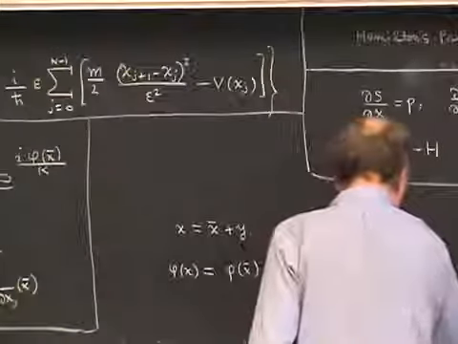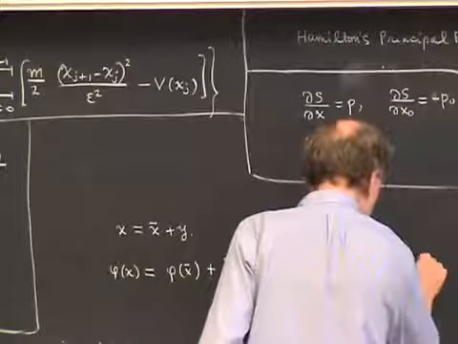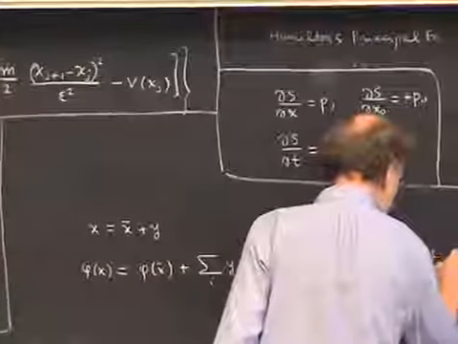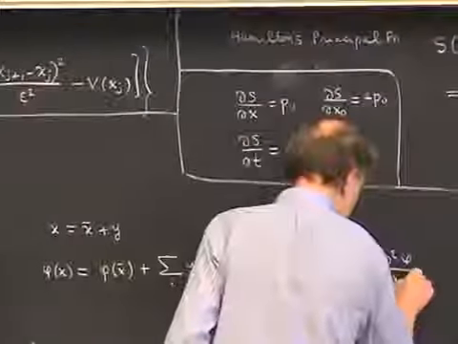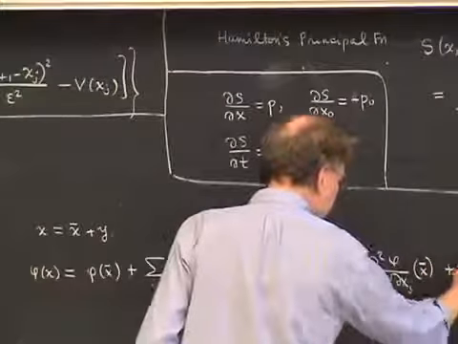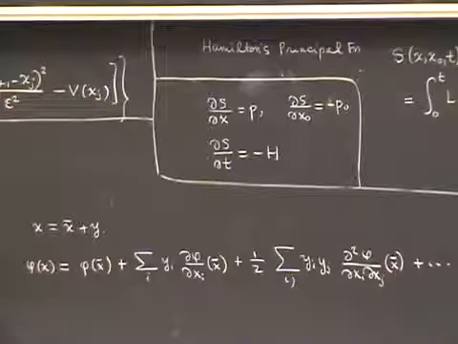And then the second correction, just doing a Taylor series, a multi-dimensional Taylor series, we have the sum on i, j of y_i times y_j times the second derivative of phi with respect to x_i, x_j, evaluated at x bar. And then there are cubic and so on terms out here, which I don't bother to write down.